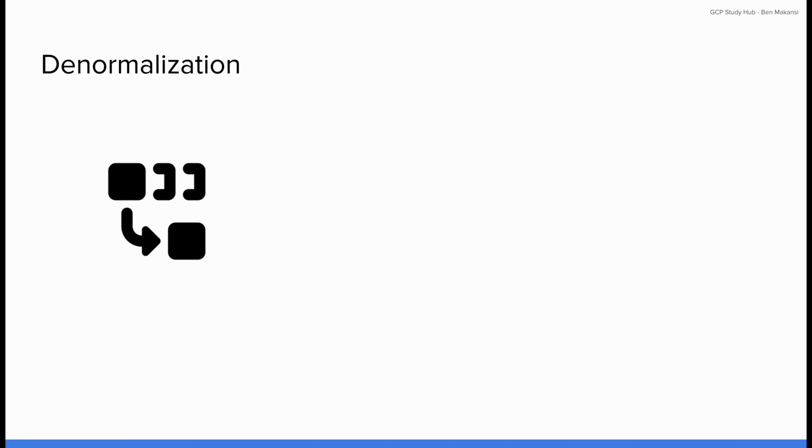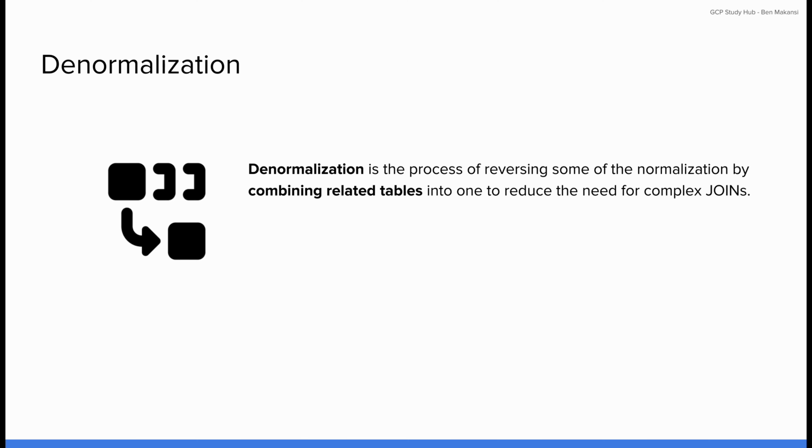Denormalization is the process of partially reversing normalization by combining related tables into one table. The goal here is to reduce the need for complex join operations when running queries.